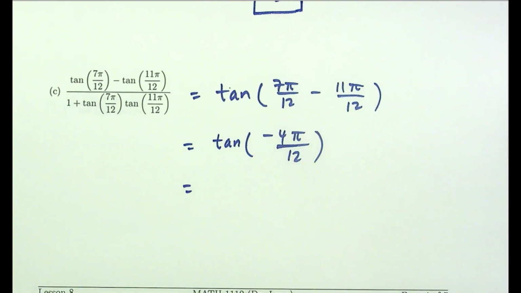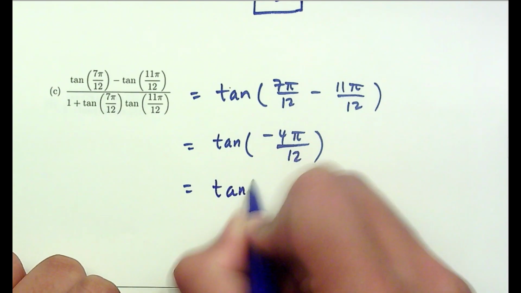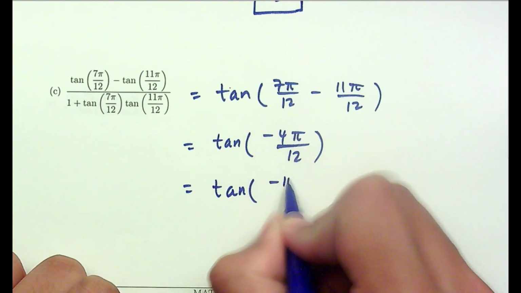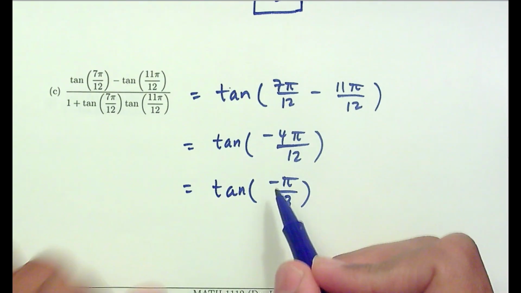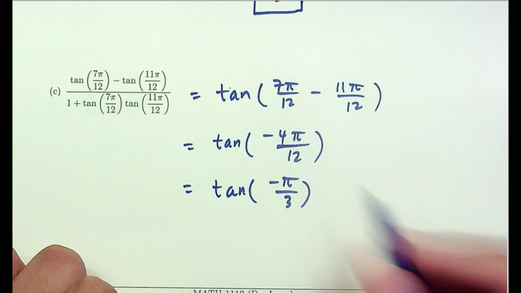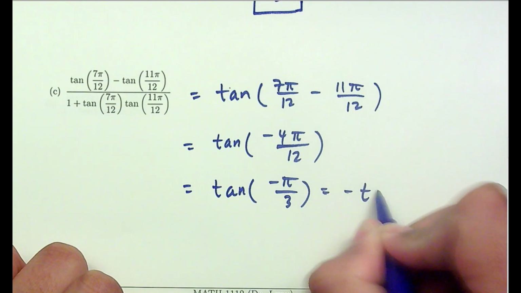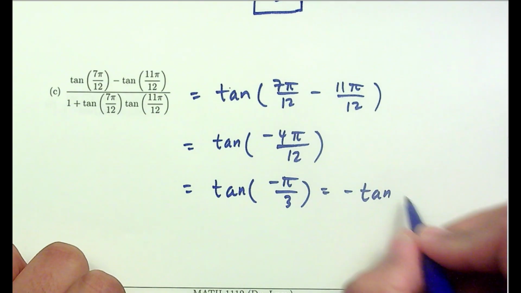You can cancel a 4 from both numerator and denominator, and that's going to give you negative pi over 3. Tangent is an odd function, so you can bring out the negative to the front. So this becomes negative tangent of pi over 3.